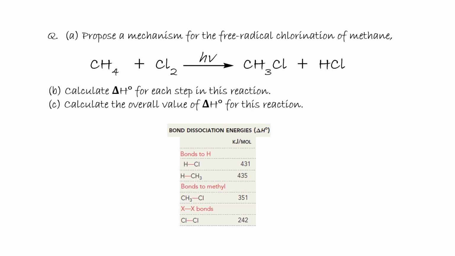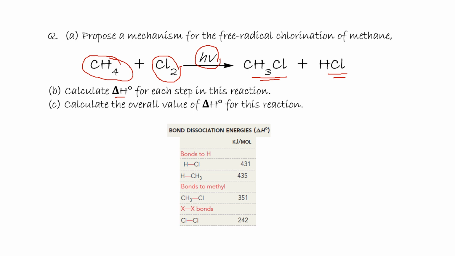Propose a mechanism for free radical chlorination of methane. So methane with chlorine in the presence of UV light gives chloromethane and HCl products. Calculate delta H naught for each step.